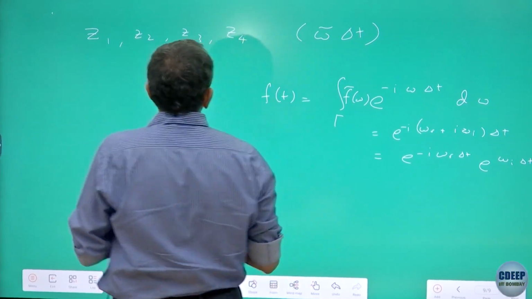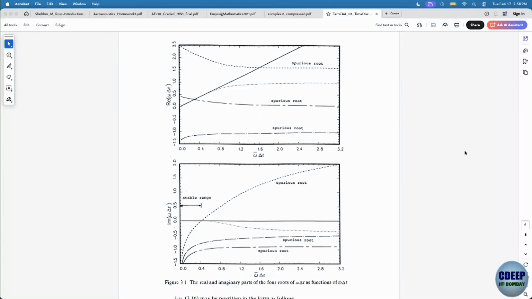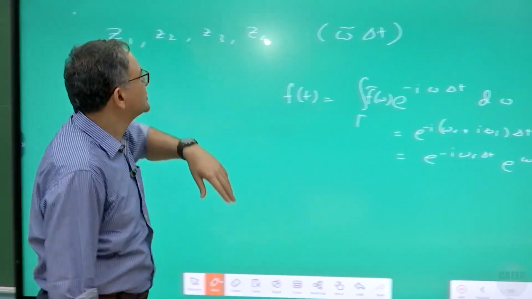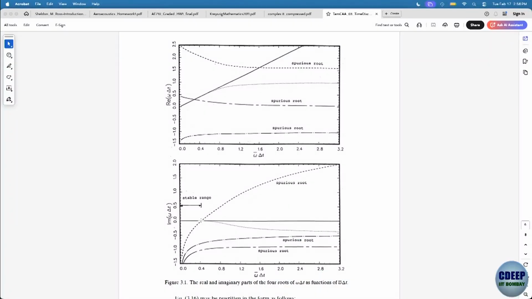Okay. So the stable range is marked out wherever this crossing is, wherever this one root becomes positive, so that this becomes unstable, this becomes a growing solution, and so you definitely need your omega bar delta t to be less than that.